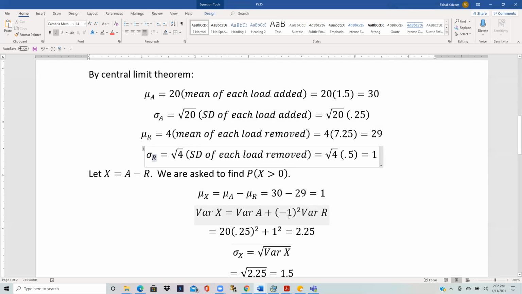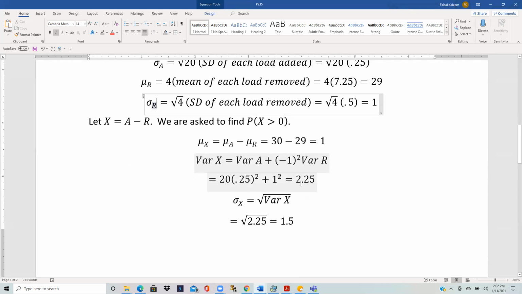Negative 1 squared is also 1. This adds to 2.25. So the standard deviation of X is the square root of the variance. Square root of 2.25 is 1.5.